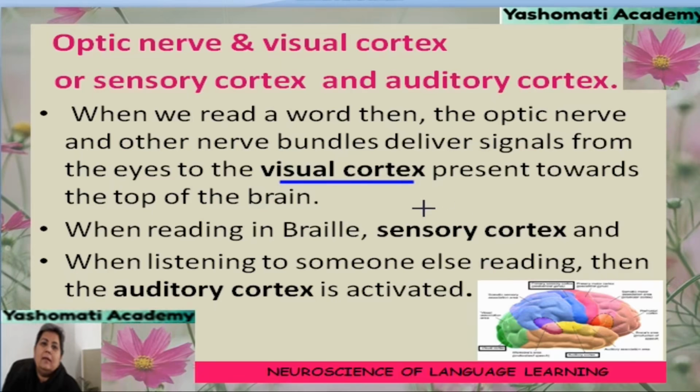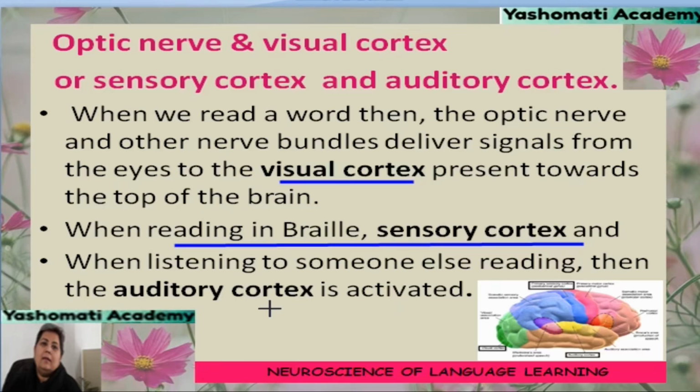So when we are looking at some word, the optic nerve picks up the stimulus and delivers the signal through the visual cortex to the part of the brain where this stimulus will be interpreted. And in some cases, if the learner is blind, then he can use the sensory cortex also to perceive the sensation by touching.